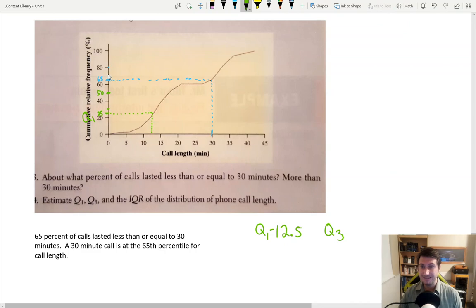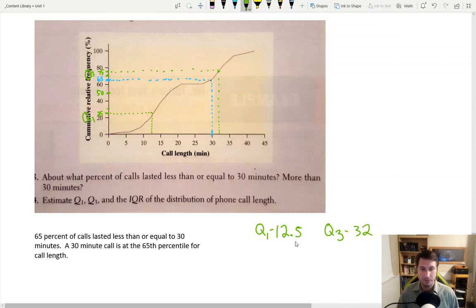Q3 would be at 75 then. So 70 is right about here, and 75 would be right about here, and that is Q3. Now we have to draw that across as accurately as possible. It puts us right about there. Something like that. So that would be maybe 32-ish? Let's call it 32.